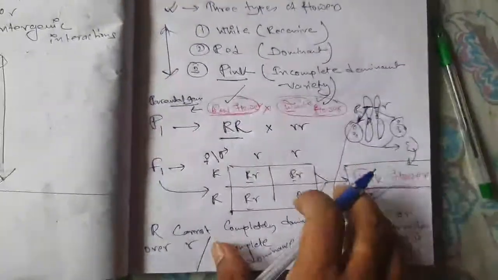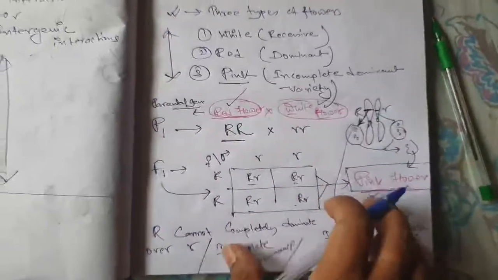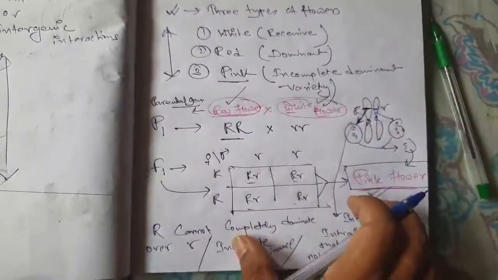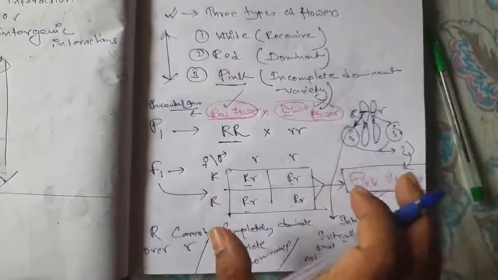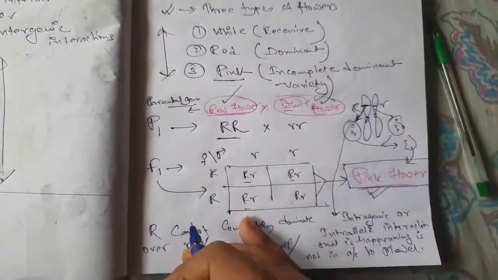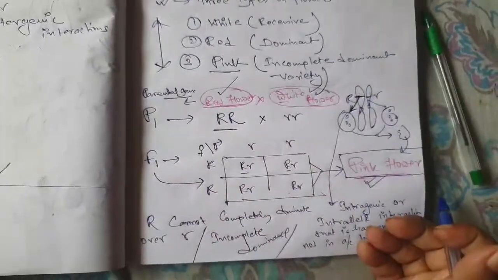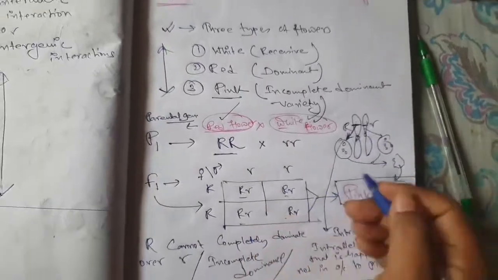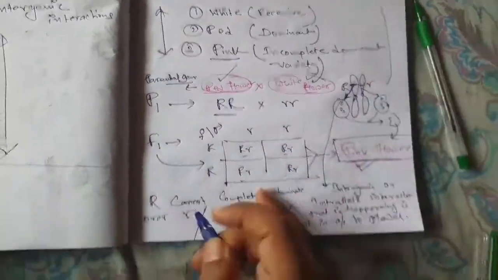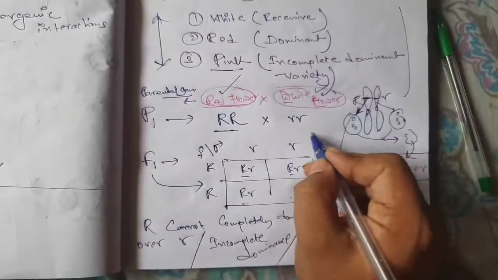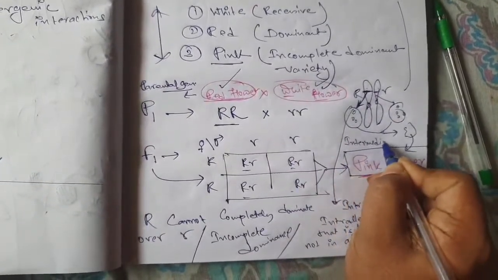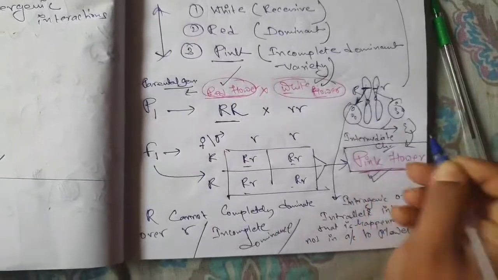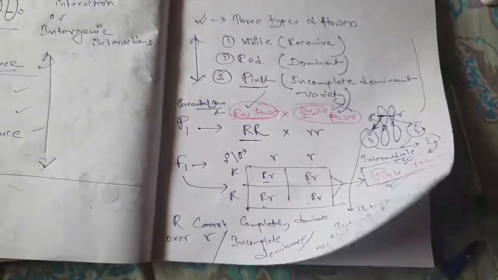Keep this point in mind. Here I am writing down intermediate character, or intermediate phenotype.